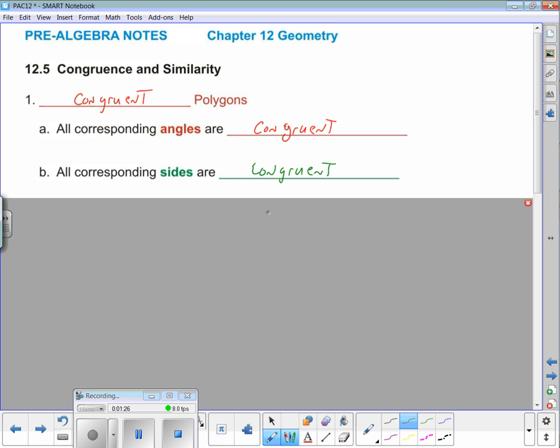Here's what we mean by congruent polygons. I'm going to come back up there in red, put a parentheses and say the same size and shape. And therefore that means all corresponding angles are congruent, all corresponding sides are congruent.